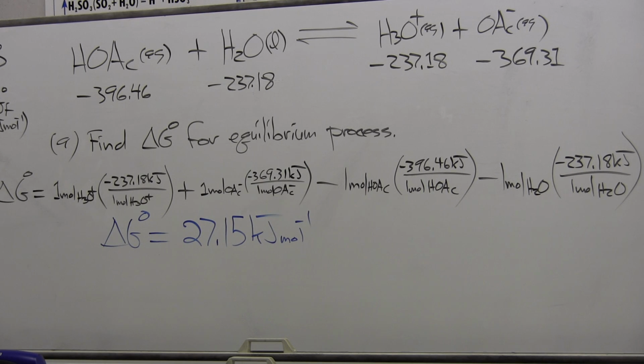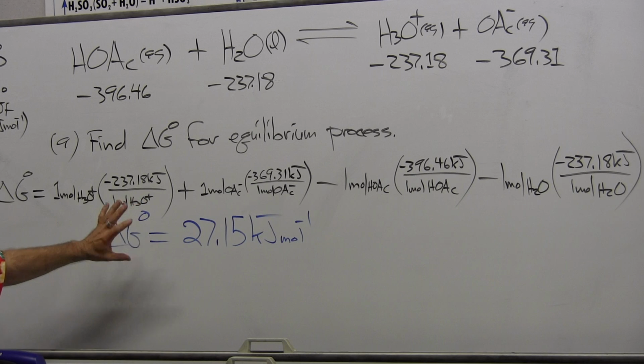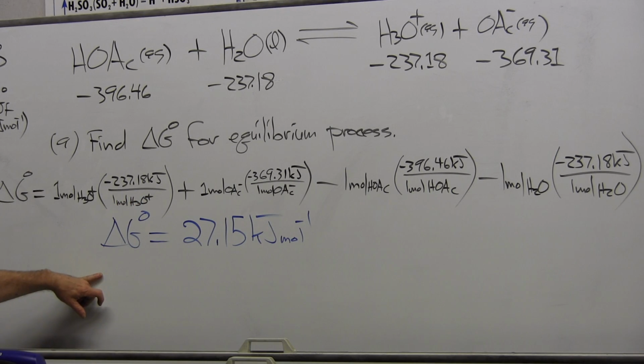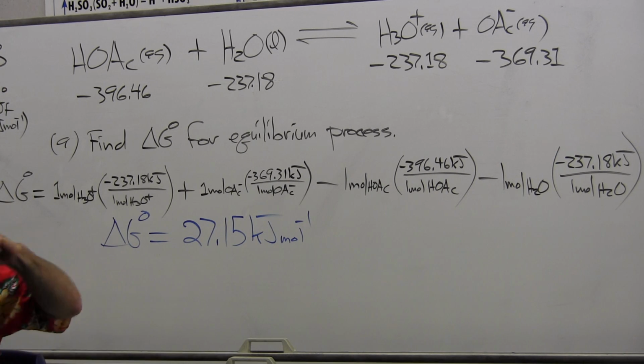Okay, yeah. Why is the final answer kilojoules over mole if all the moles cancel? Okay, that's a very good question. I'm keeping this because this was per mole of this, and you're right, the moles did cancel, but this is for the reaction itself. For every mole of this reaction, it's going to be 27.15 kilojoules.